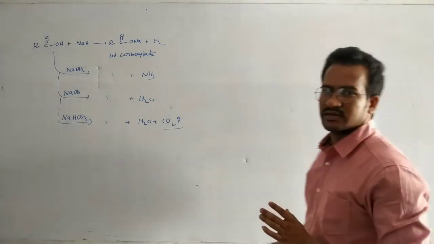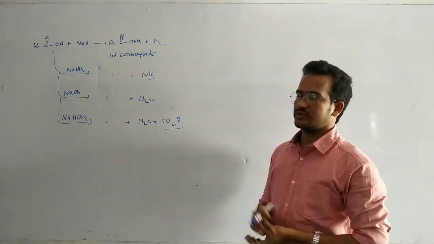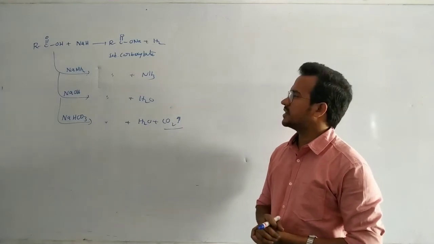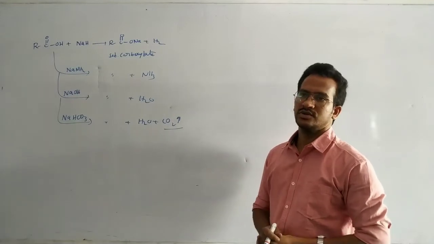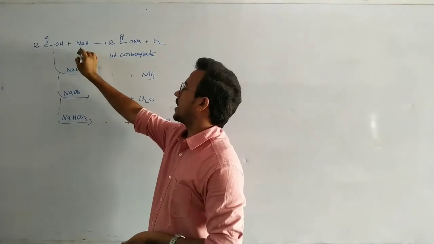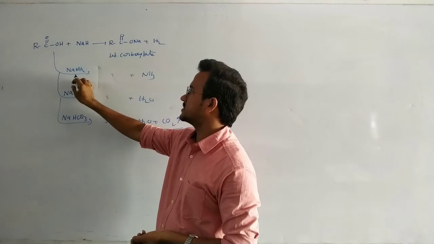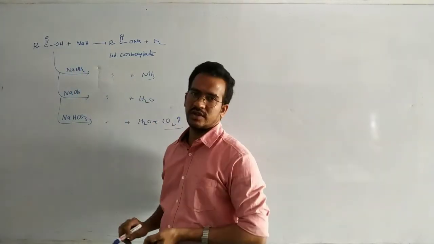Next, chemical properties of carboxylic acids and derivatives. First, acid-base reactions. Carboxylic acid reacts with sodium hydride, sodium amide, NaOH, or sodium bicarbonate. With sodium hydride it gives H2 gas. With sodium amide, Na plus NH2 minus, the NH2 minus removes the H plus and we get NH3 gas.